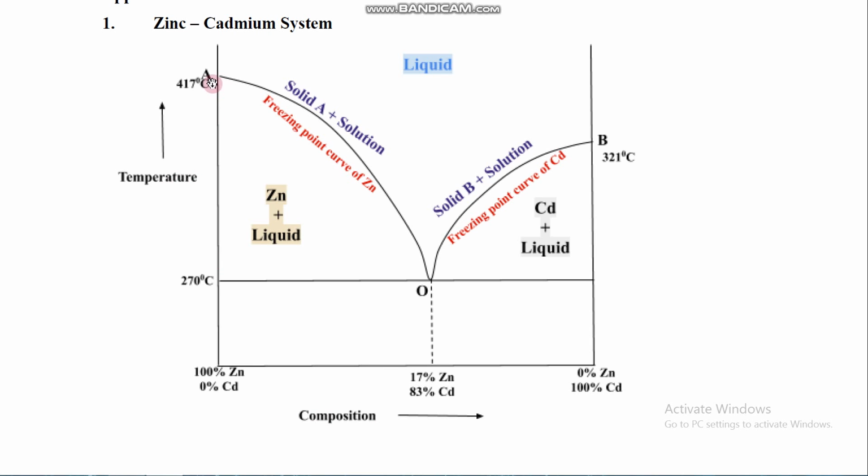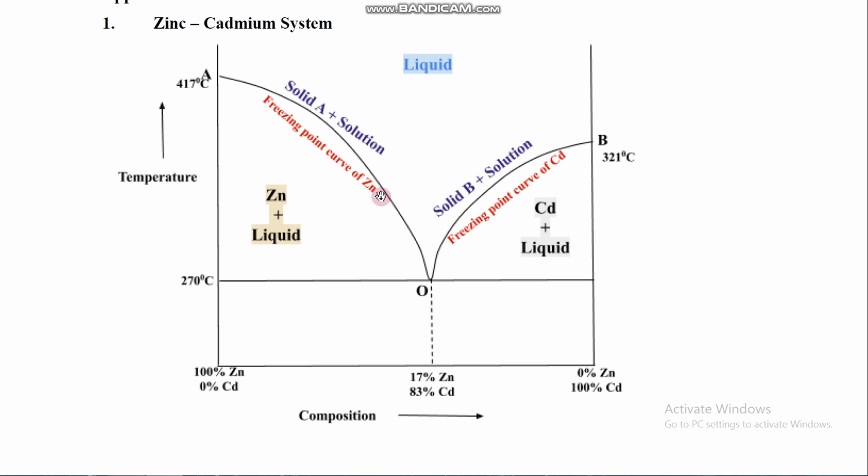Here the point A at 417 degrees Celsius represents the melting point of zinc. By addition of cadmium to the zinc, bit by bit, the melting point of zinc will decrease along the curve AO. Therefore this AO curve is known as the freezing point curve of zinc.